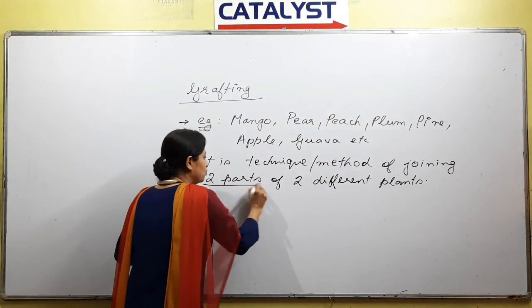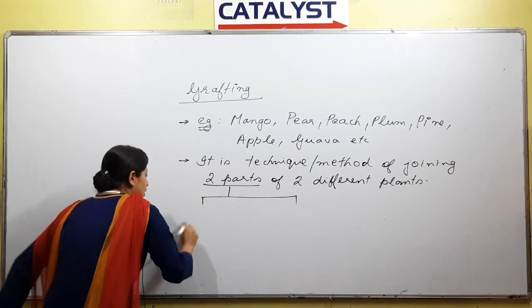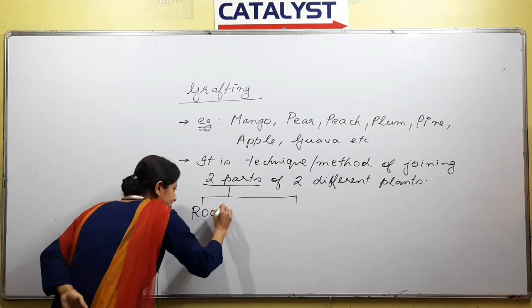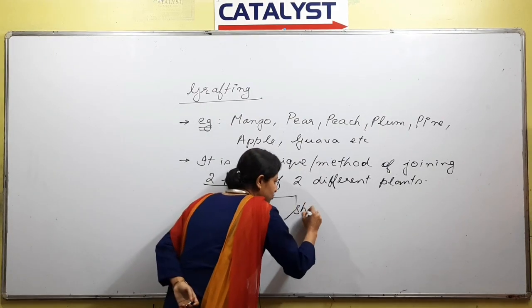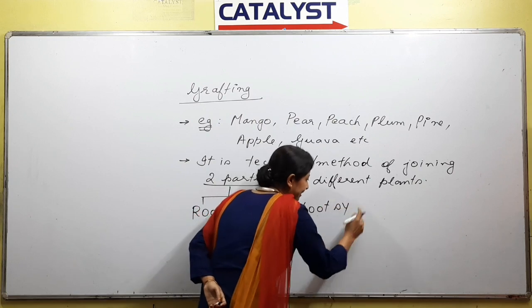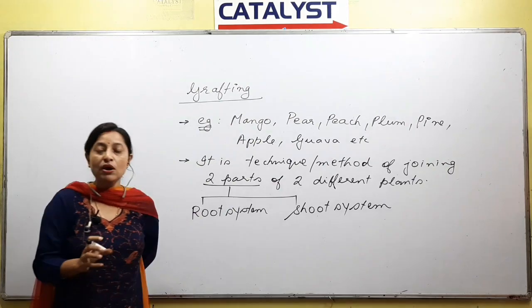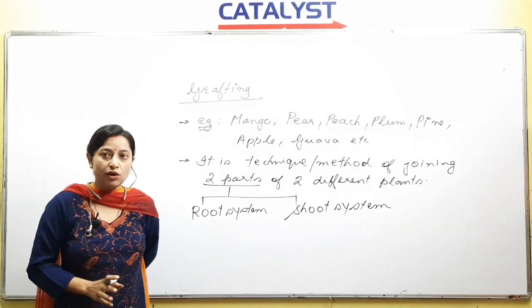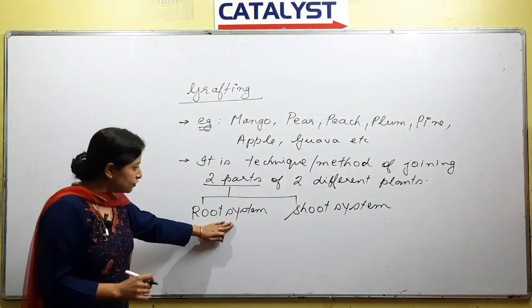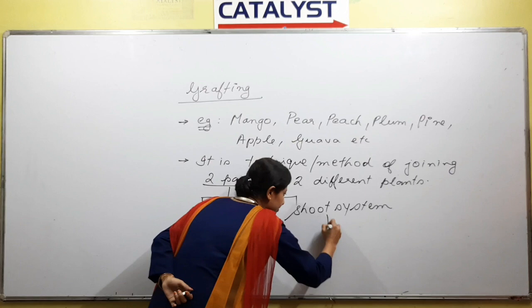And what are the two parts we are talking about? We join a root system of a plant and a shoot system of a plant. When we join the root system of one plant and the shoot system of another plant and try to develop a new plant, that process is called grafting.